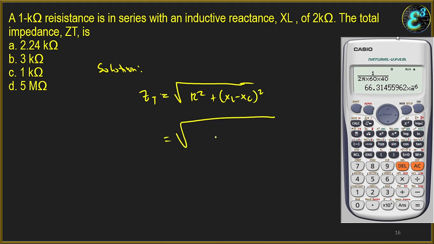So we have R, which is 1 kilo, then we have XL, which is 2K, or 2000, minus XC, which we don't have yet, so that will be 0. Then squared.